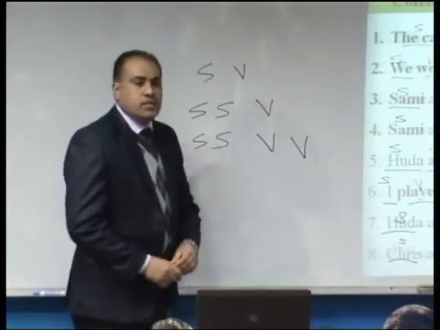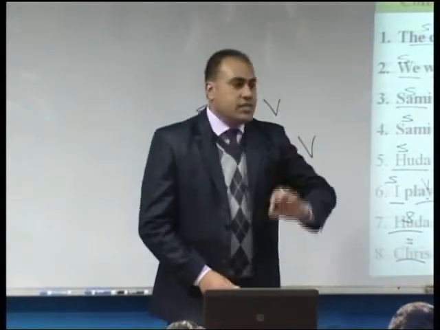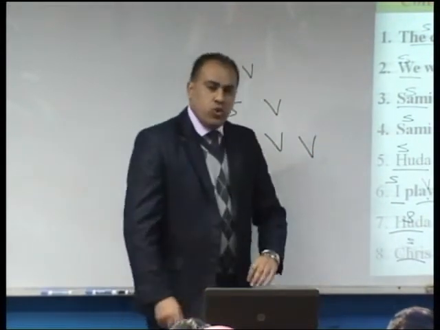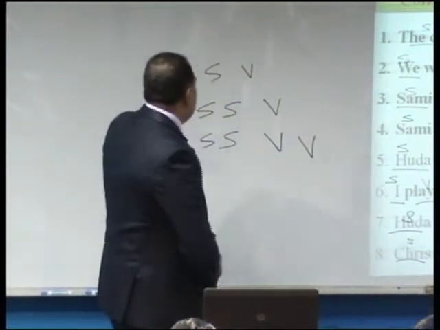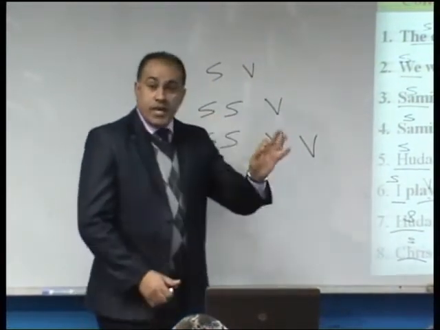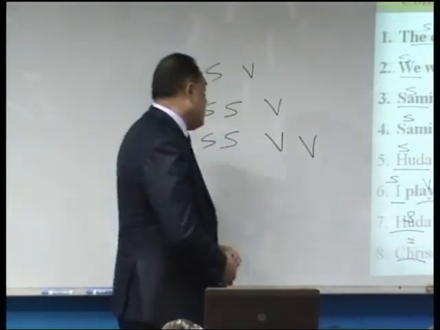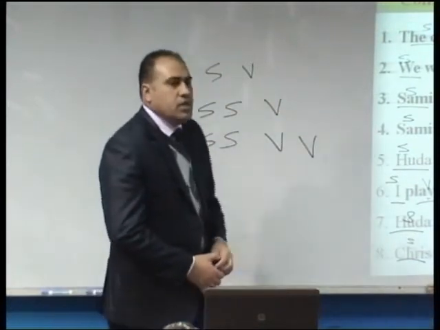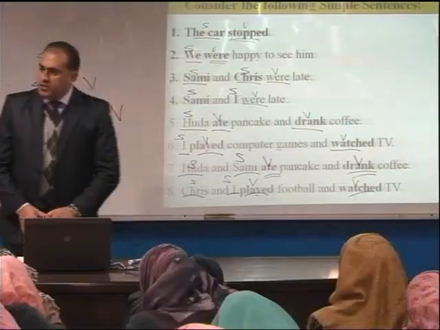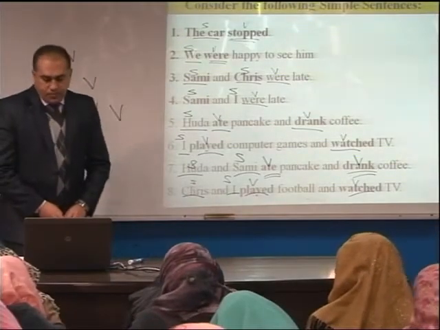One type is a simple sentence which has an SV structure, a subject and a verb only. The second one is an SSV sentence. And the last one, SSVV, two subjects, or a compound subject and a compound verb.